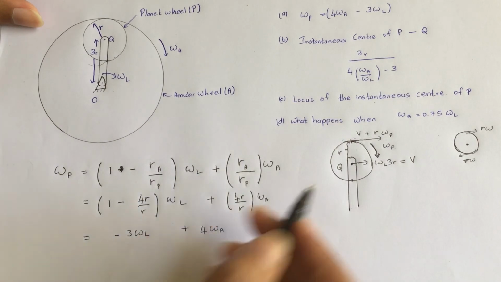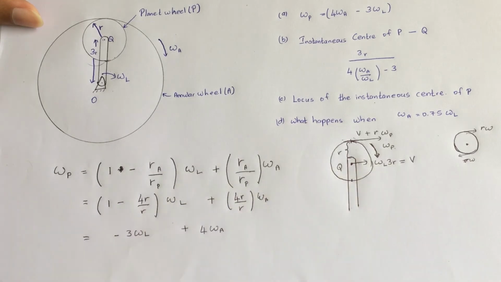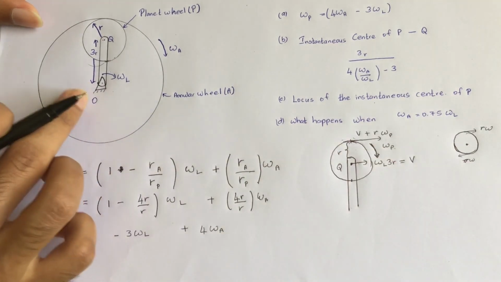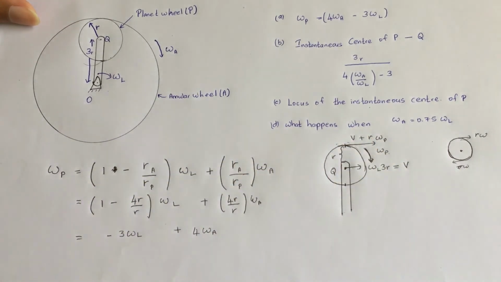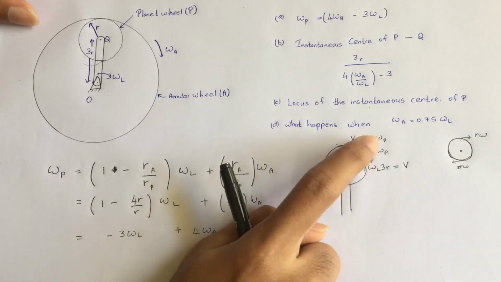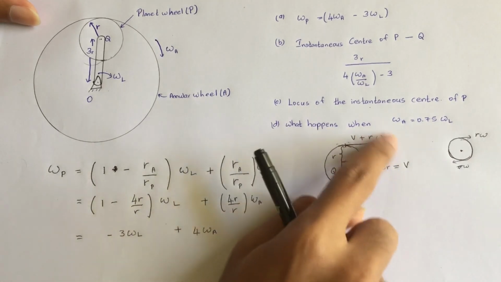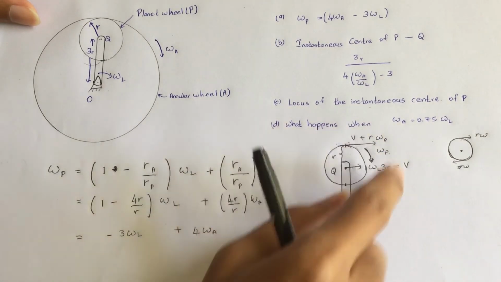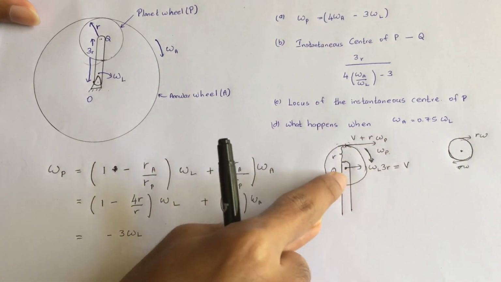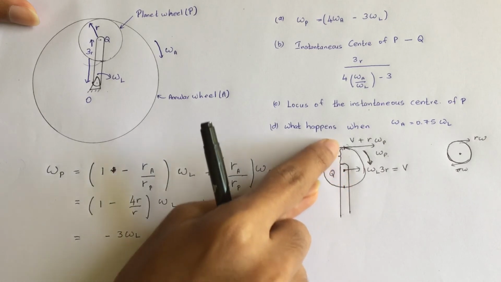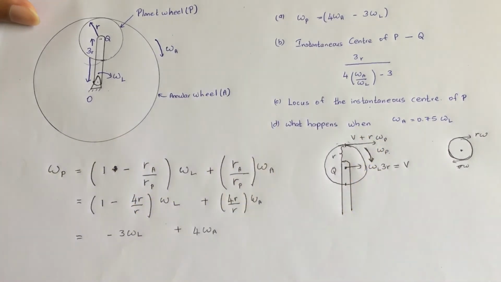We already knew it also has the velocity from the movement of the connecting rod, so it's going to be v plus r omega P. But be careful, we need to put this r; we can't use 3r over here. The reason is that omega P is the angular velocity of the planet rotating about its own axis, so the radius is r, and we use r omega P.